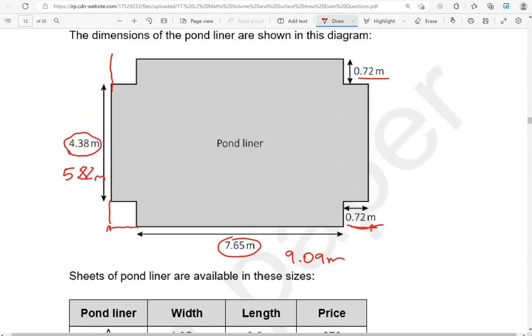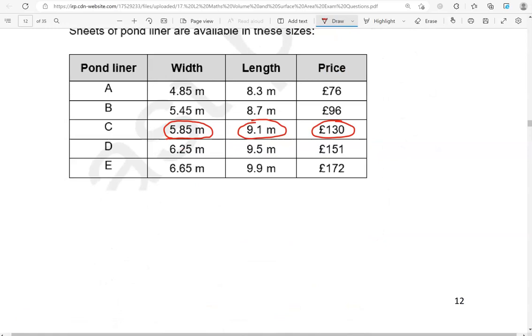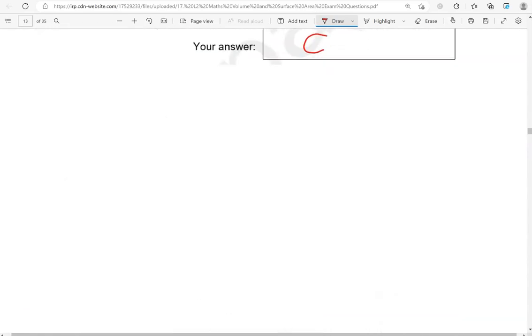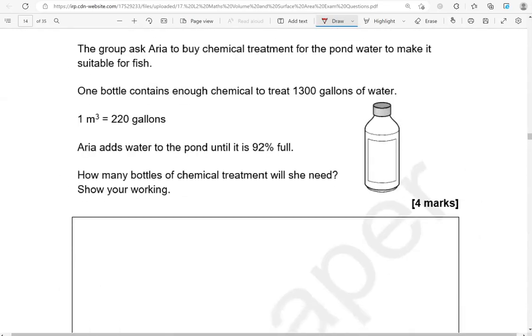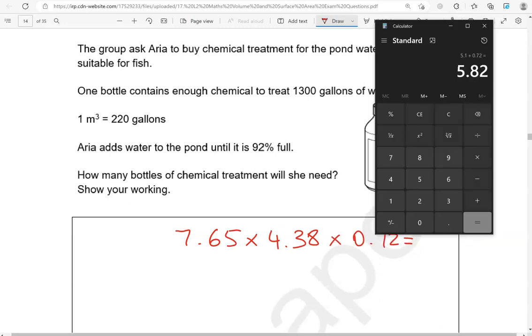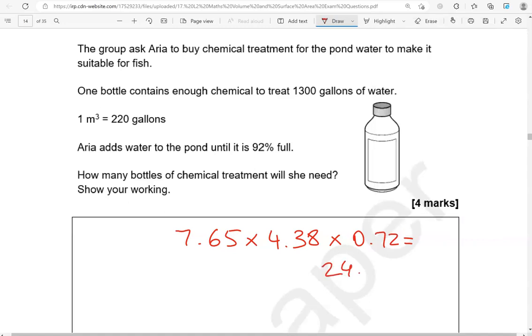So 7.65, 4.38 and 0.72. So that is 24.12504 cubic meters.